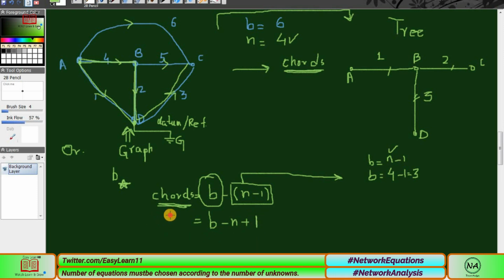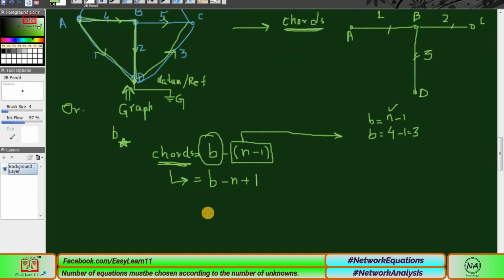So this is the formula of the codes that we need to keep in our minds for the whole episode and for the later purposes of network analysis. Codes is equal to B minus n plus 1. In our case, let's apply the codes formula.